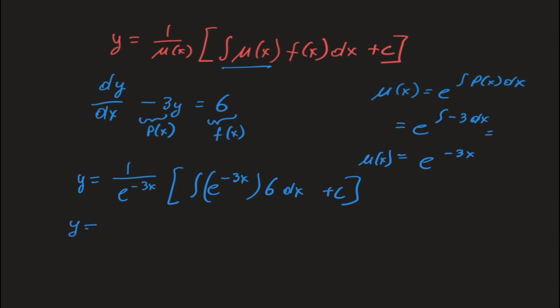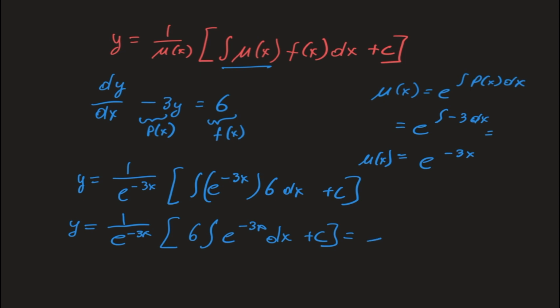Now we have y is equal to 1 over e to the negative 3x, which will simplify momentarily, times, I'm going to take the 6 outside of the integral, and it's an integral of e to the negative 3x dx plus c, and now we're going to integrate.